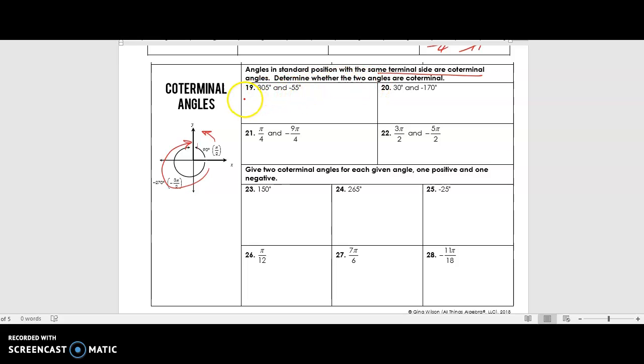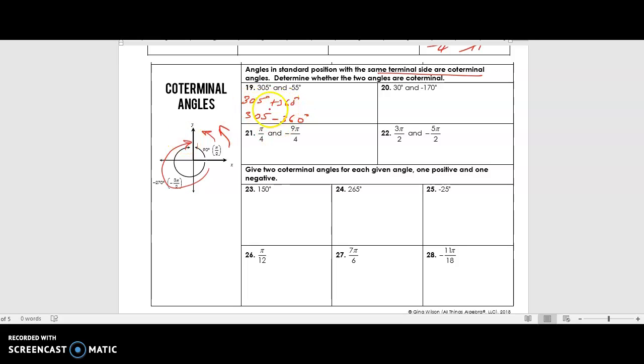So he's asking whether these two are coterminal. Just take one of the angles, add 360 to it, and the other option is subtract 360, okay? Because whether you are coming clockwise or anticlockwise, you come to the same ray, same side.